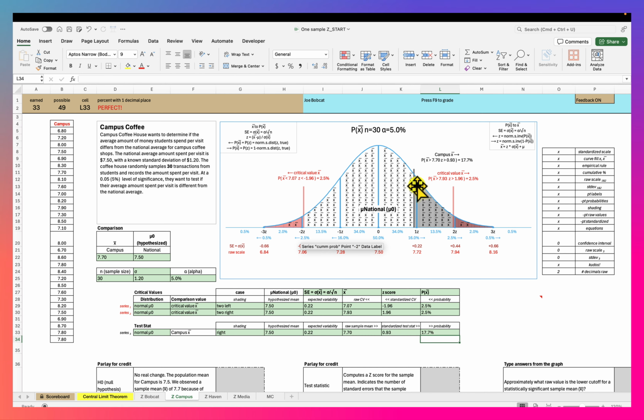All right, now note that, and this doesn't happen much in our problems, because usually we give you a problem where the result is significant, but this one is not. You'll notice that this gray line is not starting in the pink area. In fact, it's outside of it, and that means that this result is not significant.